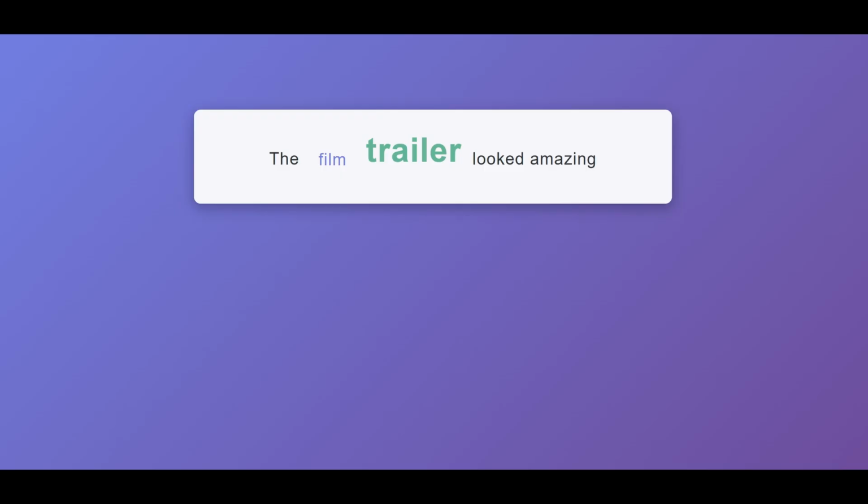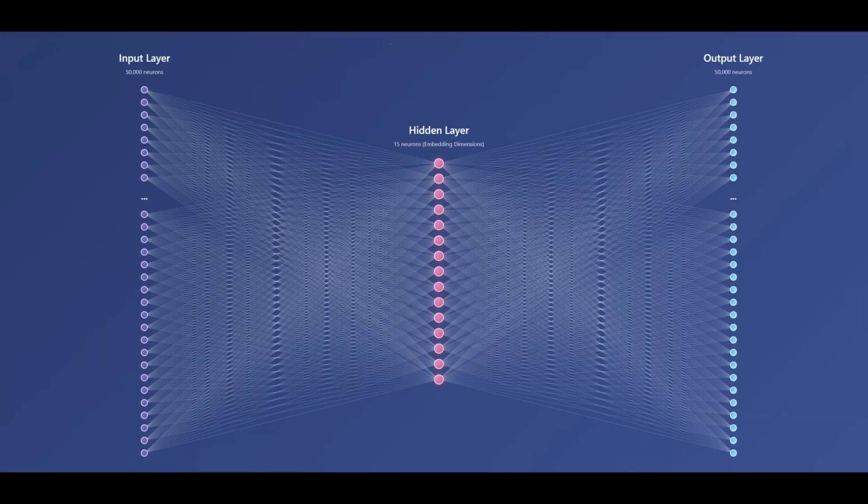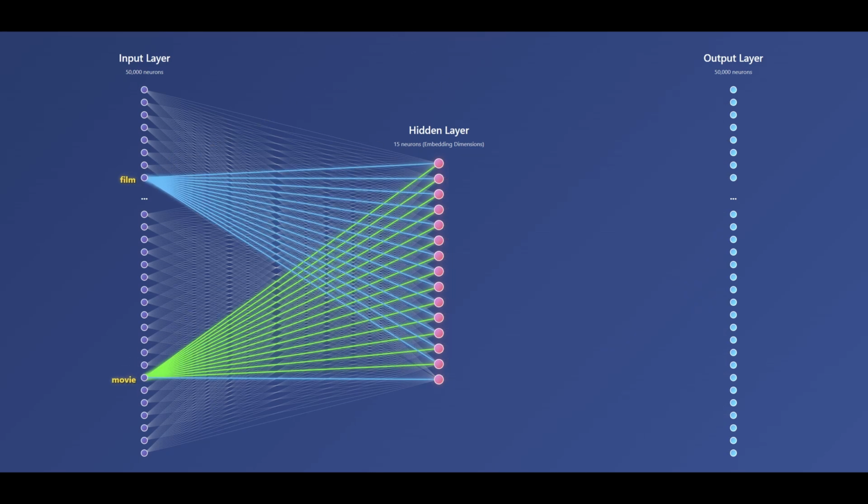Now, if the network is still going to predict trailer as the missing word, the total signal going into the hidden layer must stay almost identical, because that total signal is what determines the model's output. Since 3 of the 4 contributing words are unchanged, the only way for the hidden layer to receive the same overall signal is for movie and film to send nearly the same signal themselves.